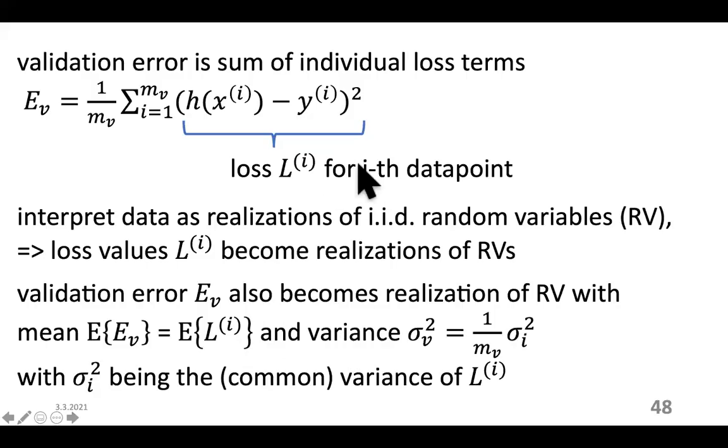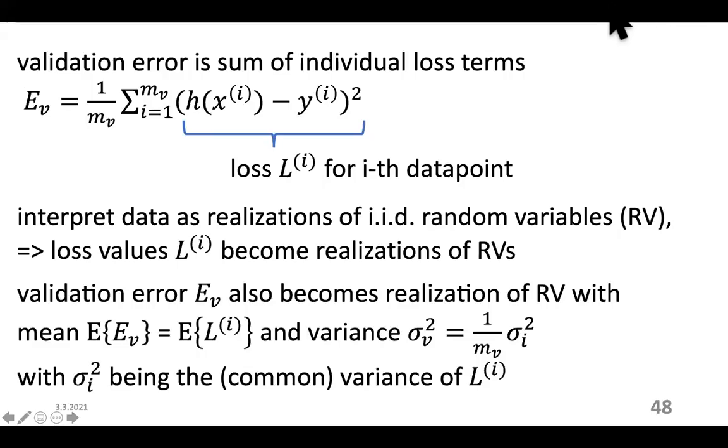So if you happen to know the variance of the individual loss functions, but this might be non-trivial already, you can use this formula to come up with a lower bound for the size of the validation set. So how large must the validation set be at least to guarantee that the variance of the random fluctuations of this validation error is less than 10 to the power of minus 3?